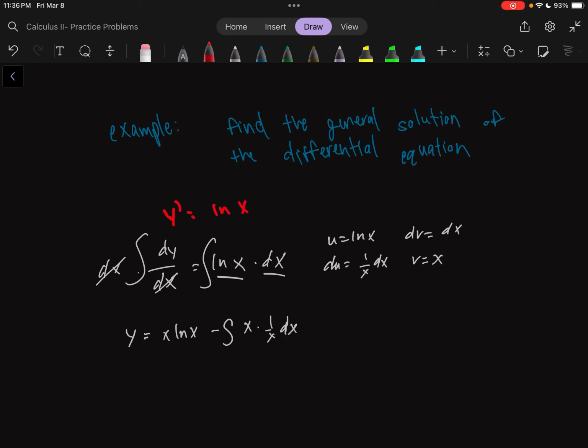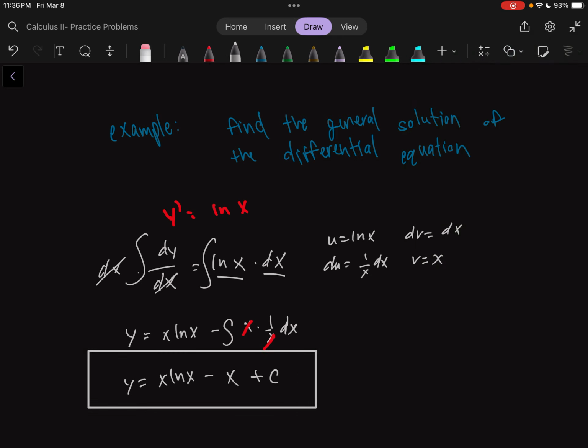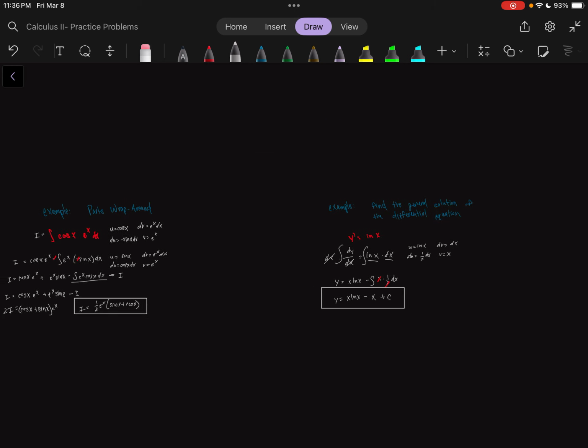So now these x's cancel, and we're just integrating 1 with respect to x. So y equals x ln x minus x. And then we have that c because it is a general equation, right? So that is our final answer. If you were to take the derivative of this function, you would get ln x. And that is how we use integration by parts.